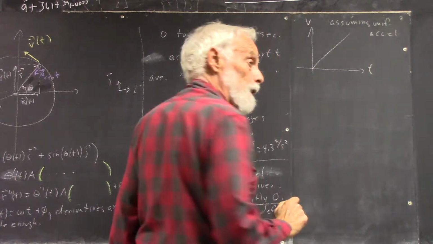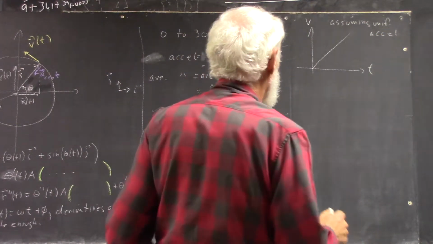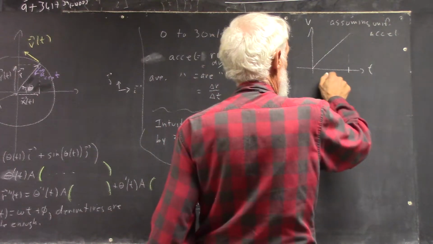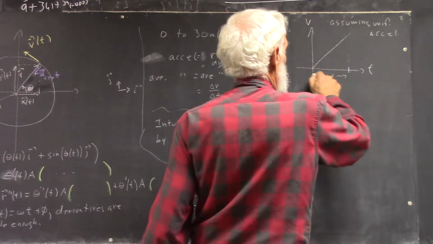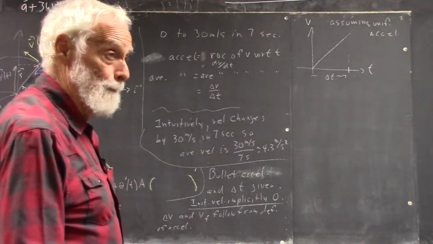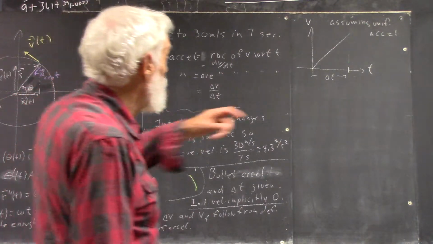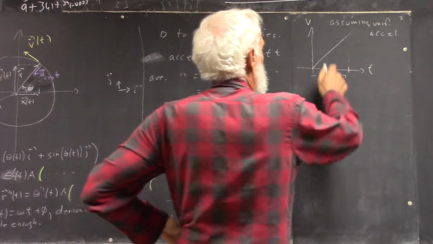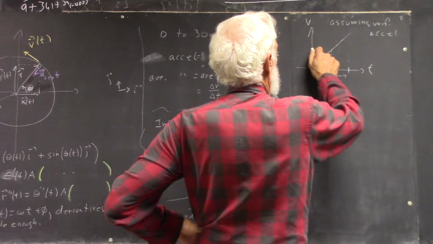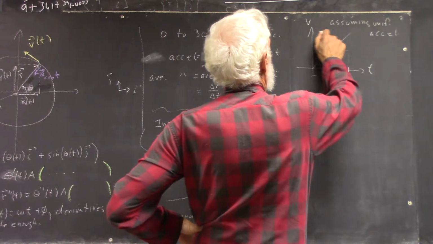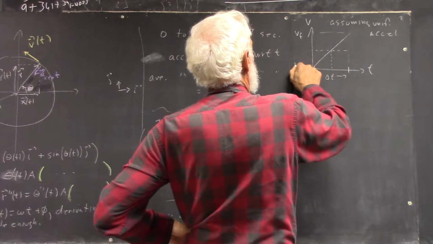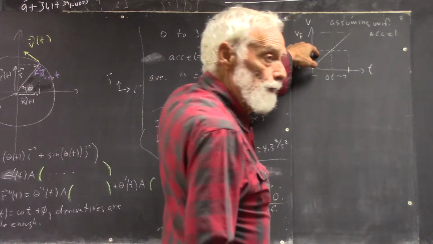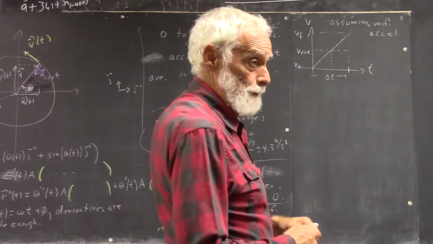Assuming uniform acceleration, your V versus T graph is going to look like this for the given delta T, which will go from 0 out to whatever this is, right? Okay? And you know what this is, and you know what this is. Well, then, and we can justify this, we're not going to take the time to. Because of linearity, the average velocity is just the average of initial and final.